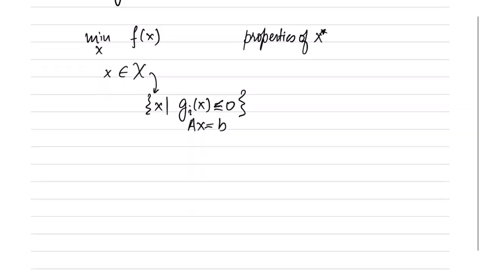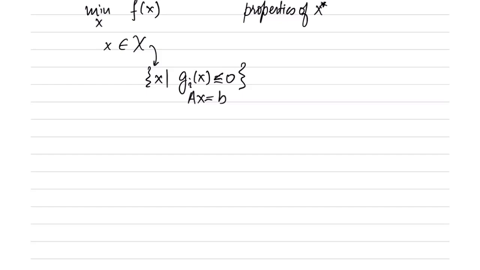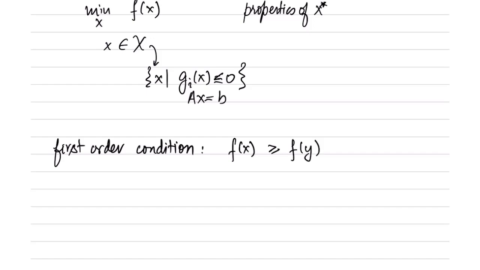Now remember the first order condition for convexity of f of x. It said that f of x is greater than or equal to f of y plus the inner product of gradient f of y comma x minus y.